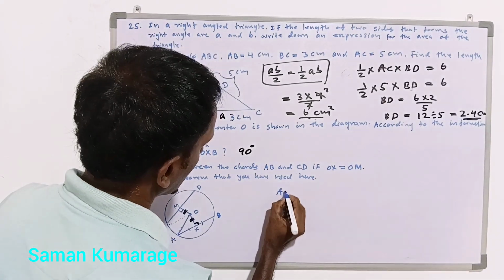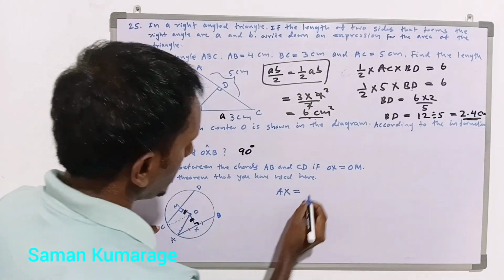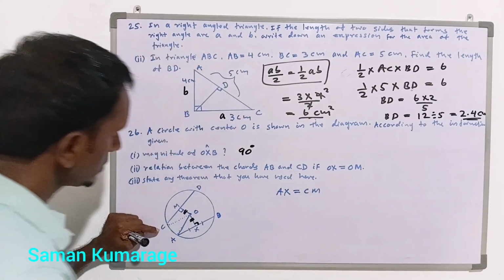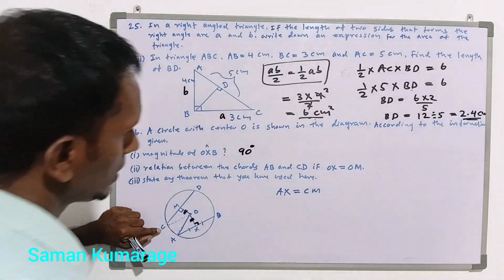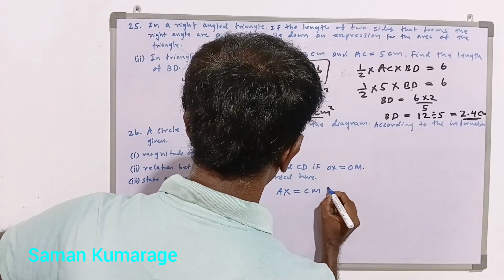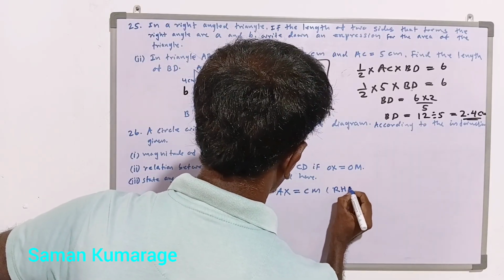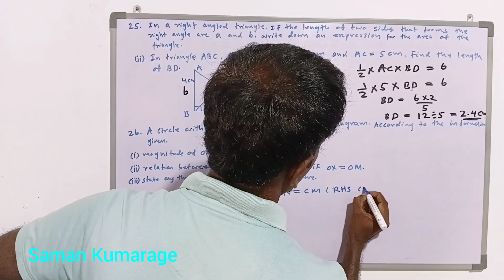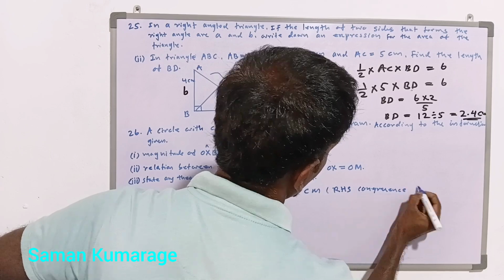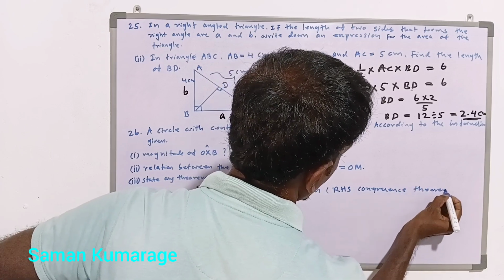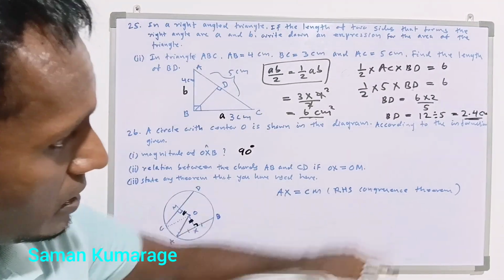AX equals CM. It is because of the RHS congruence theorem.